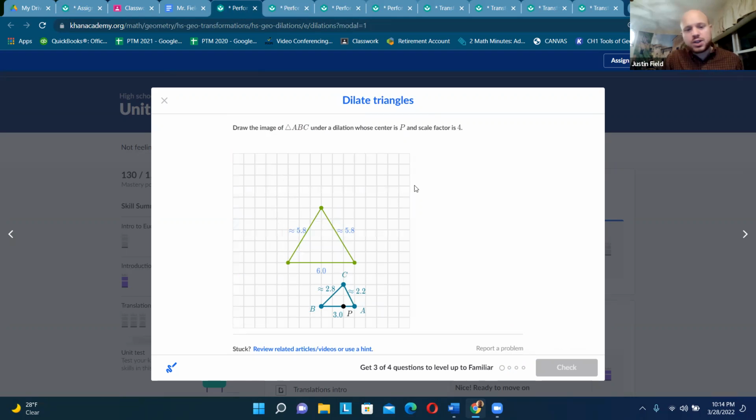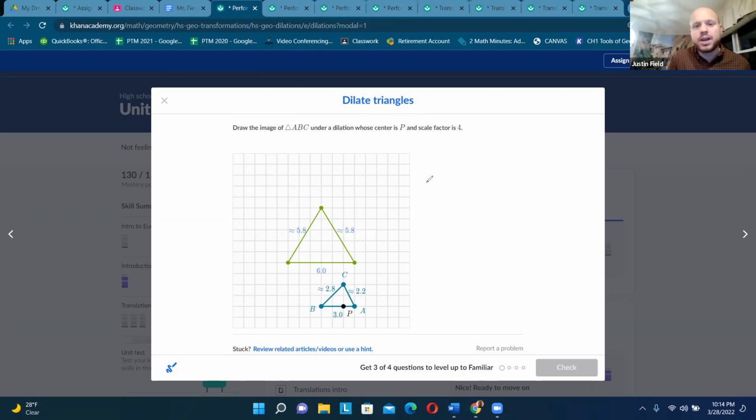Finally, dilating triangles. We dilate triangles the same way we dilate points, and that is we go to the center, we figure out how far away each point is. So A is 1 unit right of center. B is 2 left of center. And C is 2 up.